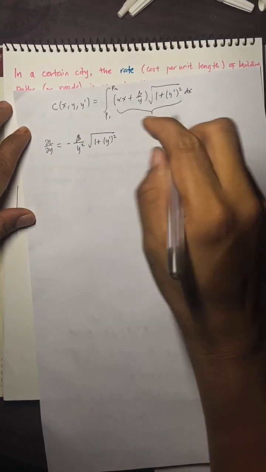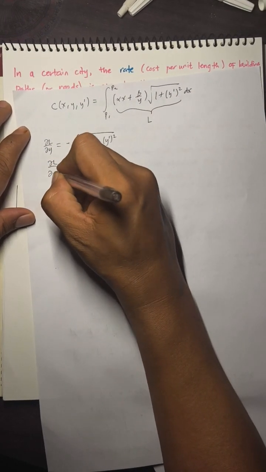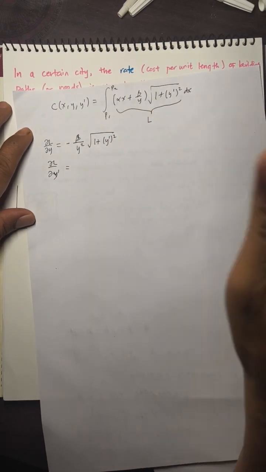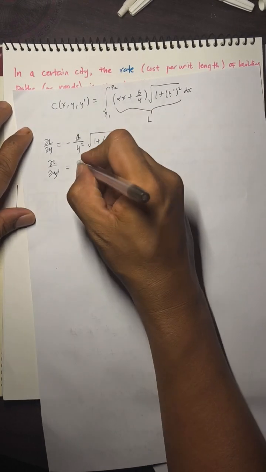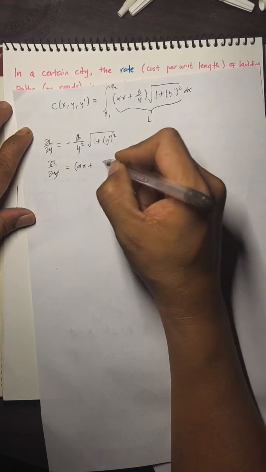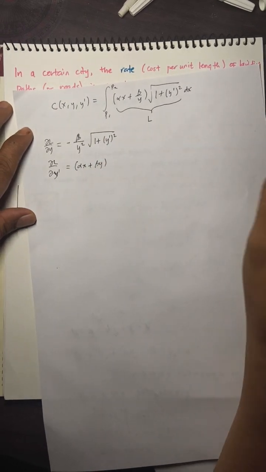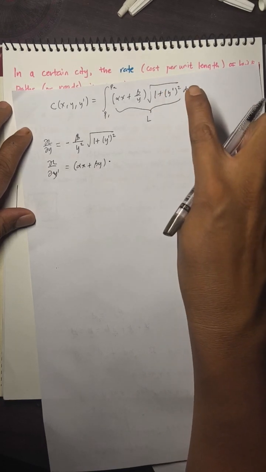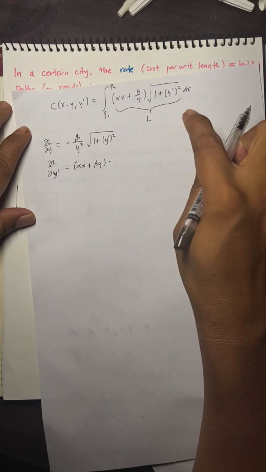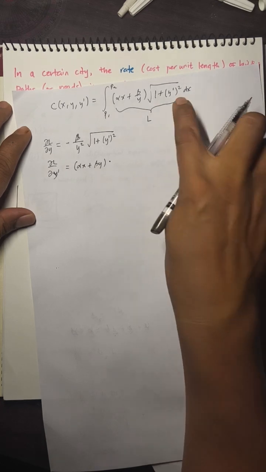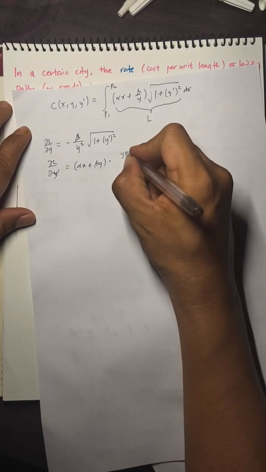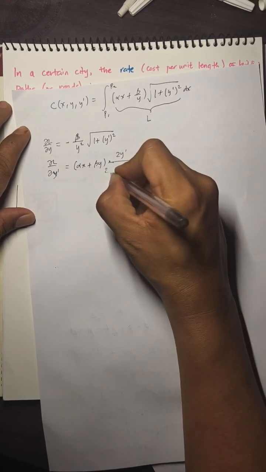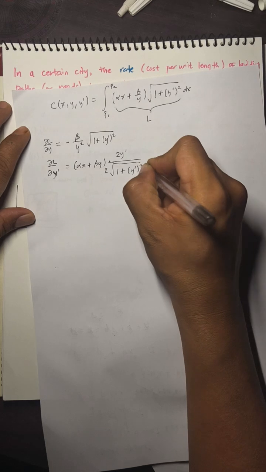How about partial L over partial y prime? Both of these have y prime. So you have alpha x plus beta over y, and then times, this is raised to 1/2, so 1/2 times 2y prime over 2 times the square root of 1 plus y prime squared.